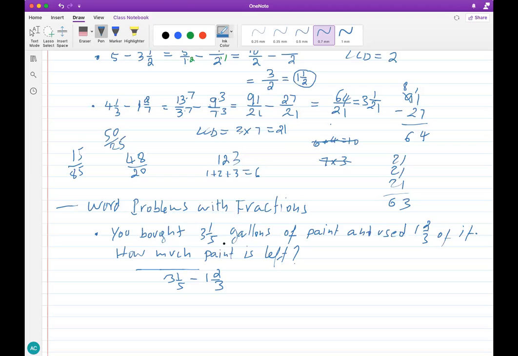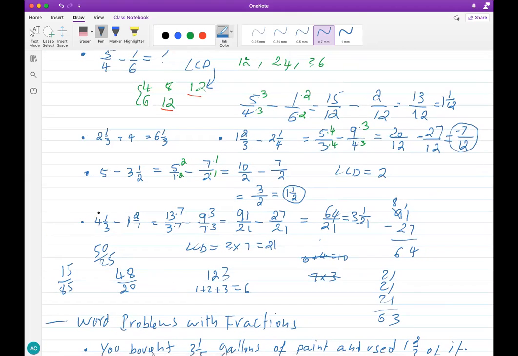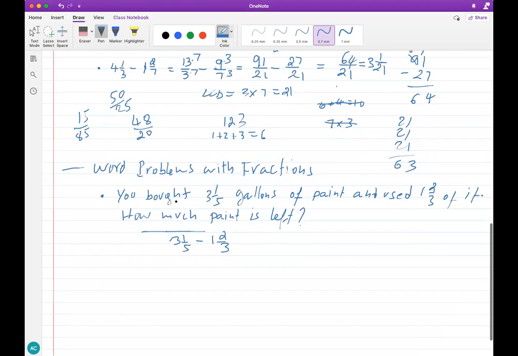Exactly. So you have to figure out the operation and then perform that operation. You may have to read the problem a few times before you understand it. It's not a problem. You just read it till you get it and decide what operation to use.